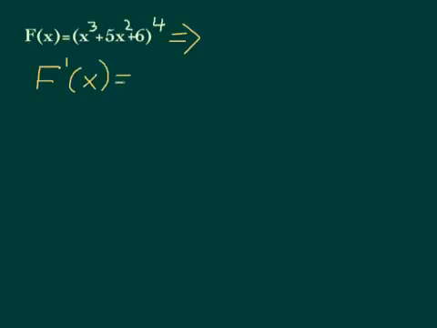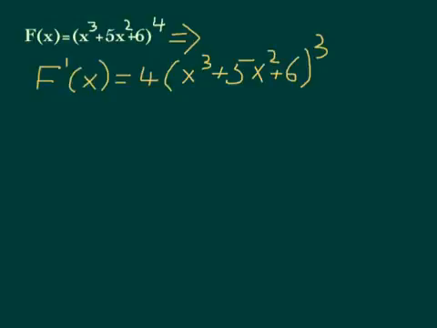First we find the derivative of the external one. So it's 4 times all the stuff that's inside, no change, to the power of 3, just as if we were doing a regular power.